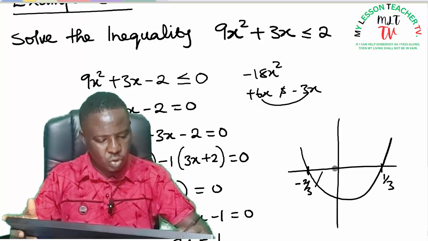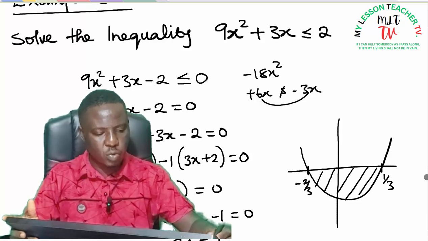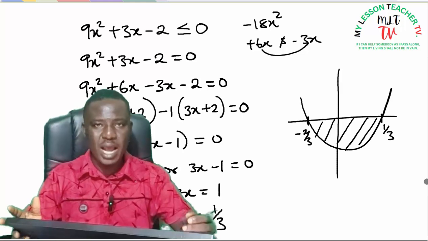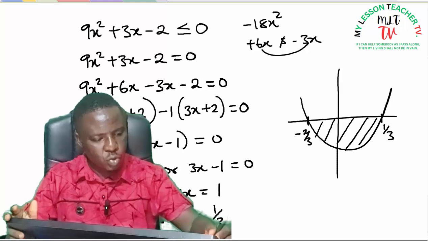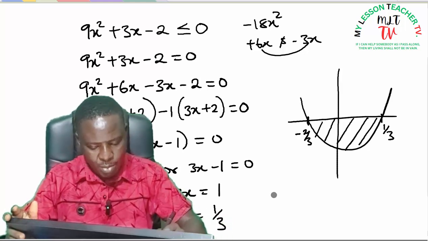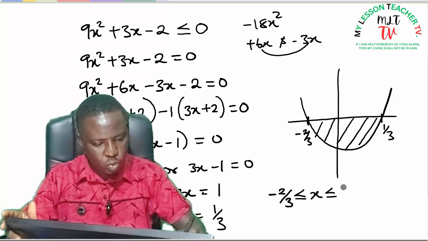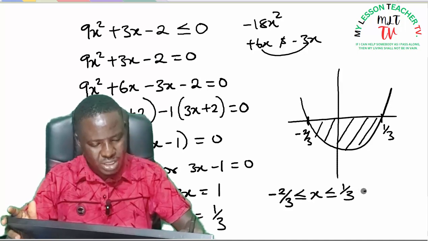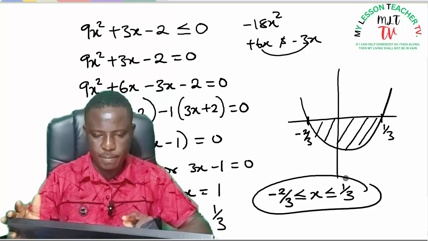And it is at this region that the parabola is less than or equal to 0, because the value of y at that region is less than 0. So the solution now becomes minus 2 over 3 is less than or equal to x, and x is less than or equal to 1 over 3. So this is the solution to this inequality.